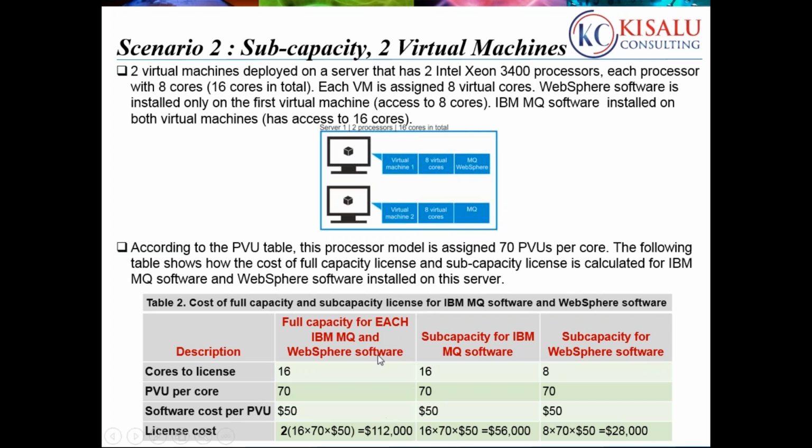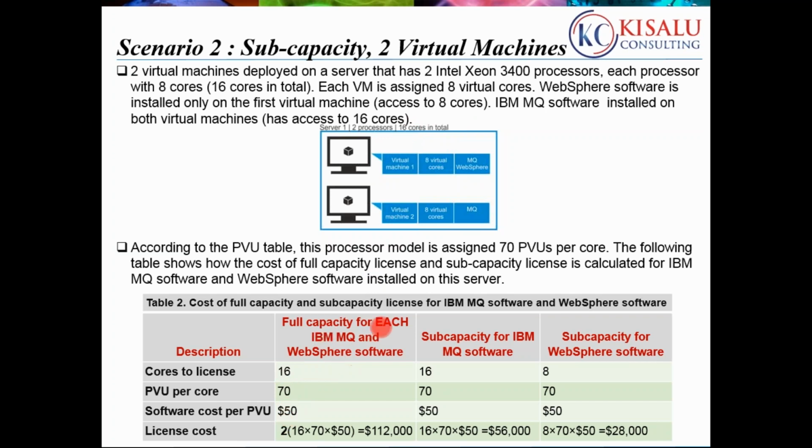As an indication of how it would have cost if it was not virtualized, we take the value of the full machine, the full capacity. This is on the table. The full capacity would have cost us 16 cores, and the PVU per core is 70, and the price is 50.